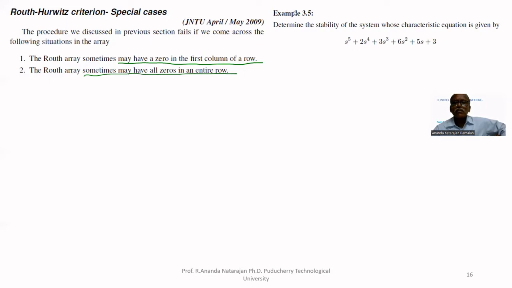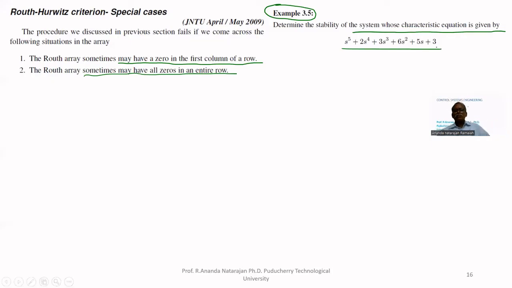Let us now consider this sum. Example 3.5. Determine the stability of the system whose characteristic equation is this. That is, the denominator polynomial of this system is this. So now we have to form the Routh array. What is the highest degree? S power 5.